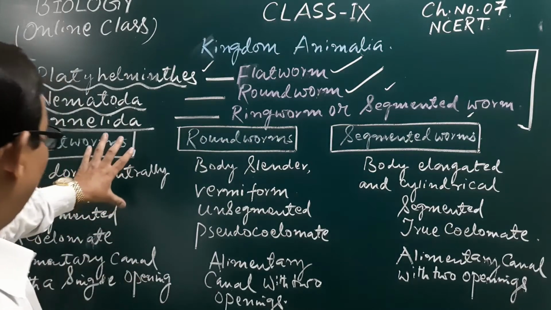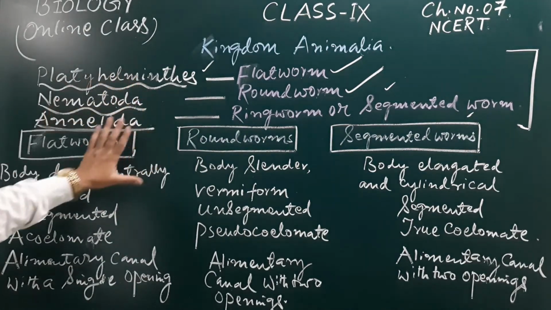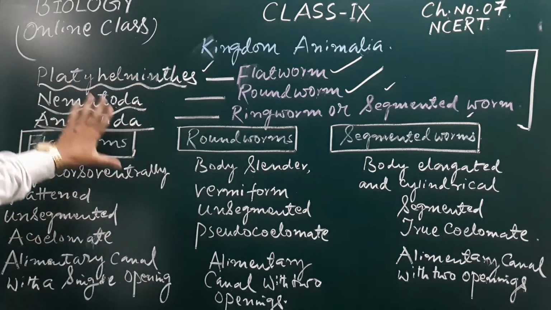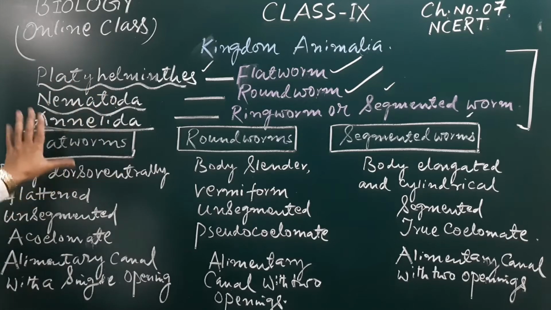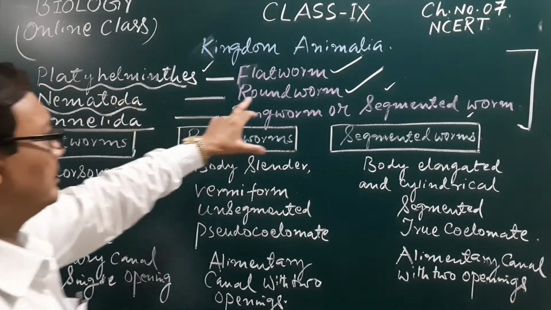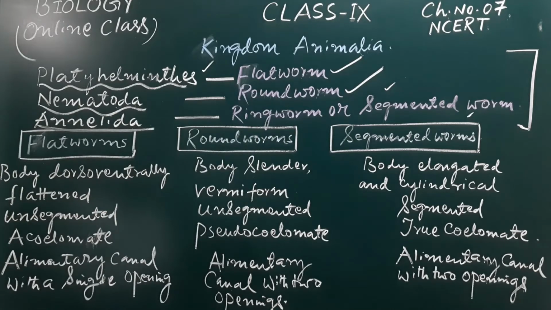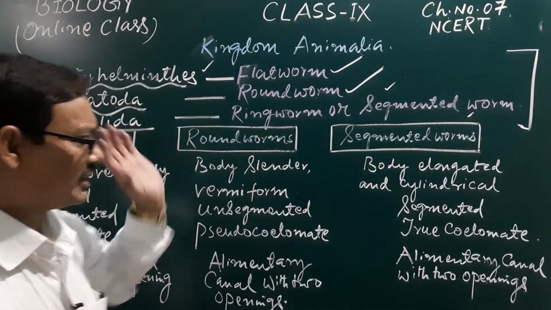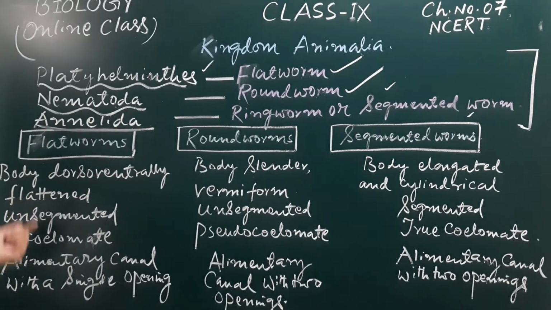After the study of these 3 different phyla related to worms, how do they differ from each other? Here are flatworms, roundworms, and segmented worms. I have given a few points for your revision.